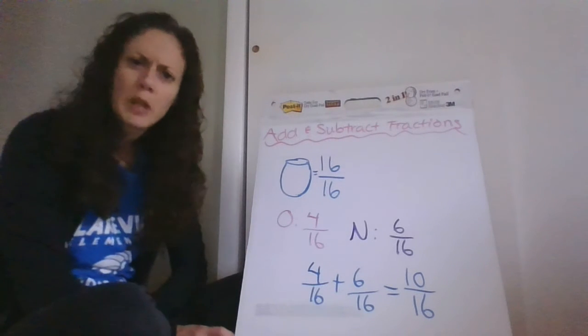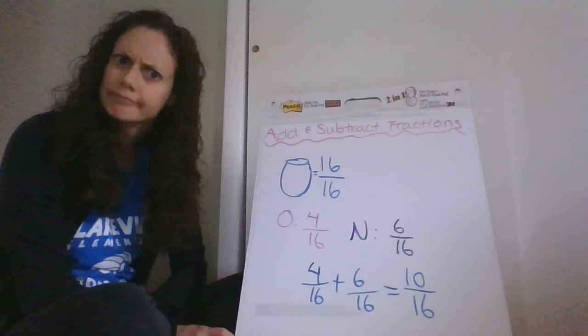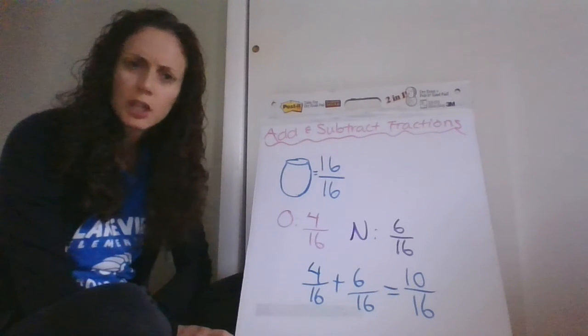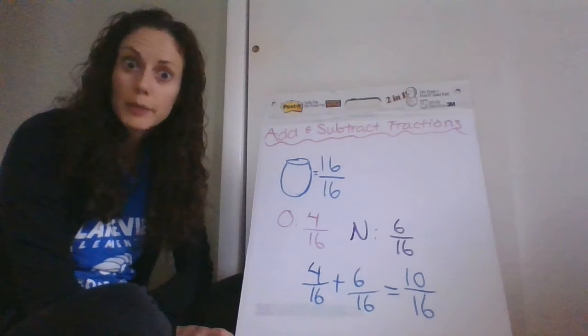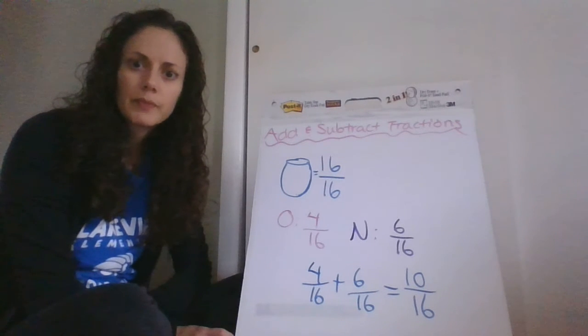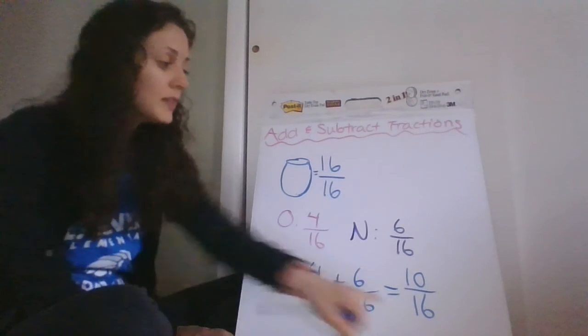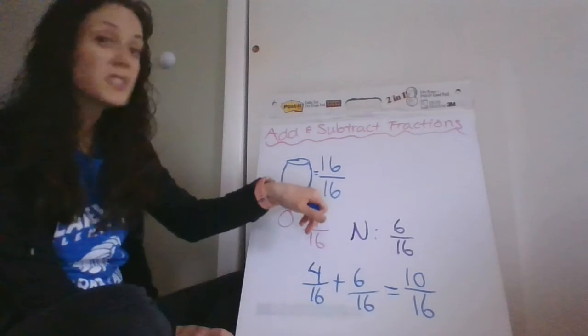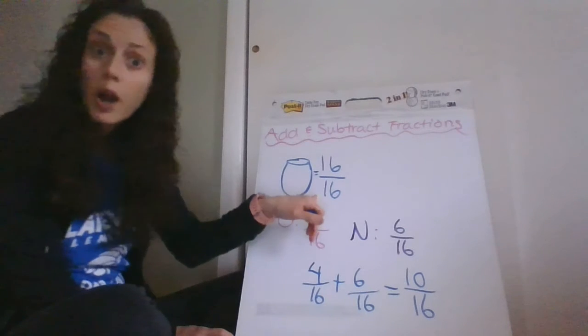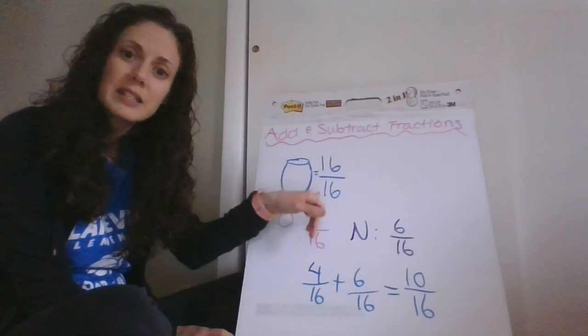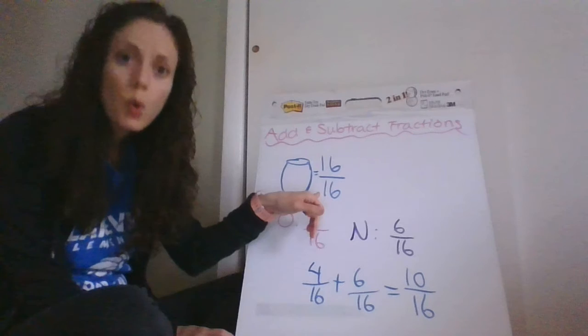So how would I find out how much is left? Think about it. Tell somebody who's around you. Tell your dog if there's nobody else around. If you said that I would have to subtract the 10 sixteenths from the 16 sixteenths, you are correct, because the 16 sixteenths represents the jar as a whole.